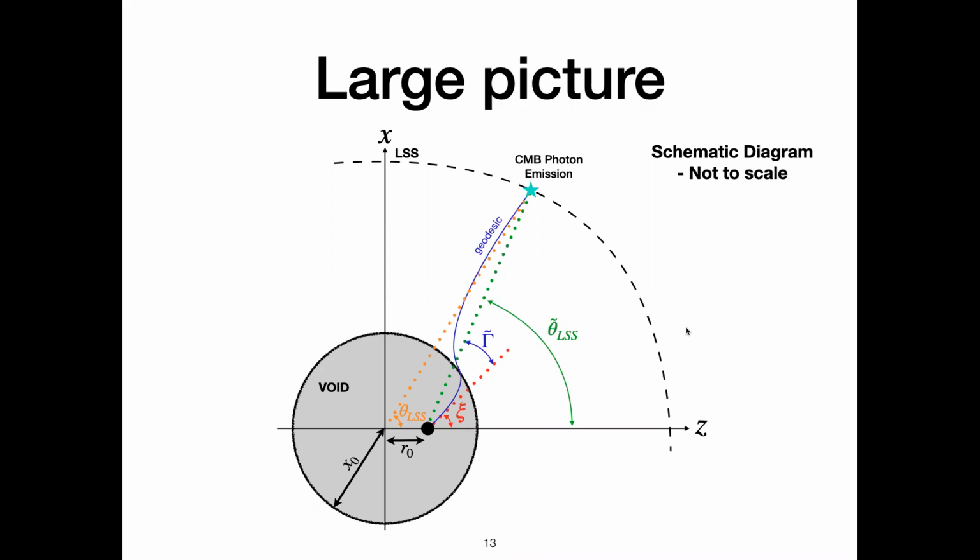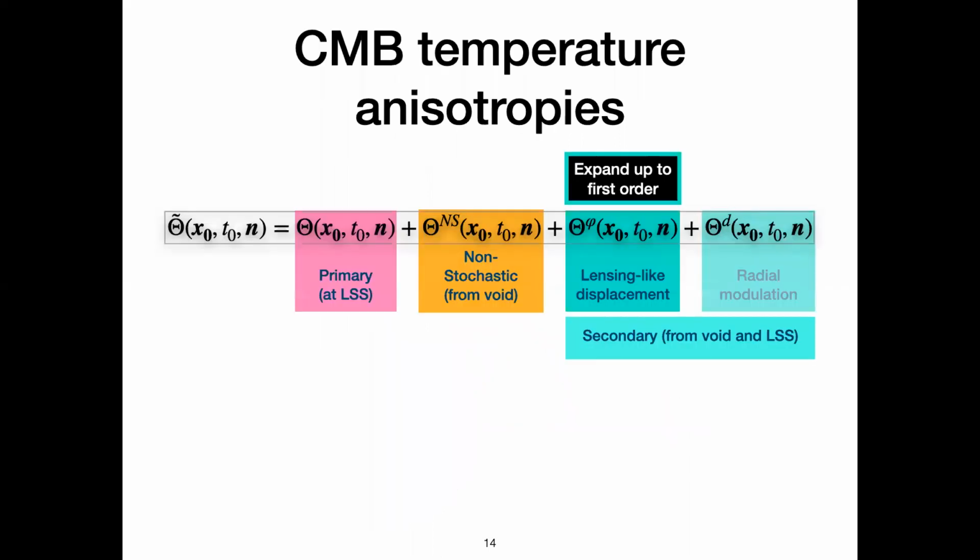So we calculate the redshift at which the photon was emitted at the last scattering surface. This has a distribution which is a bit off from the sinusoidal distribution, and using the redshift distortion, we can directly calculate the temperature anisotropy contribution in the non-stochastic case.